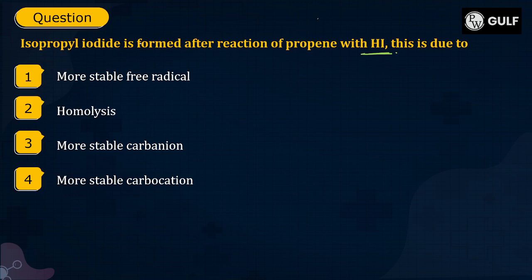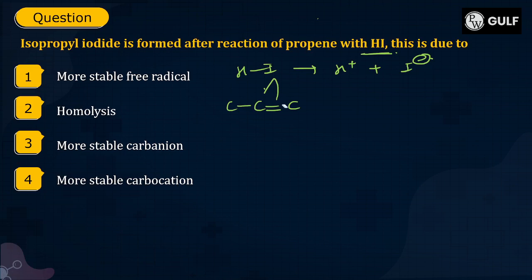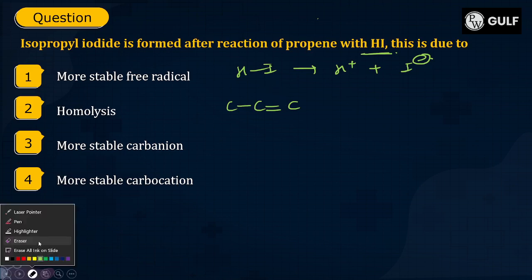Markovnikov's rule. Isopropyl iodide is formed because when you look at HI, what we get is H plus and I minus. Now when you look at propene, C, C, C double bond, we need a stable carbocation, right?